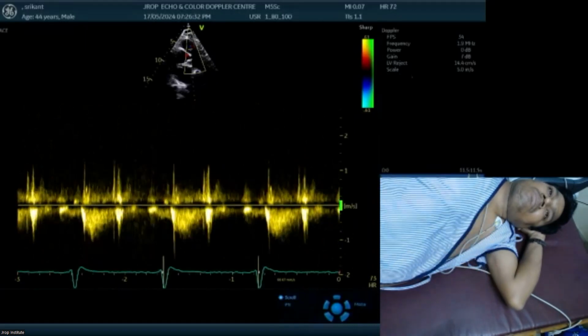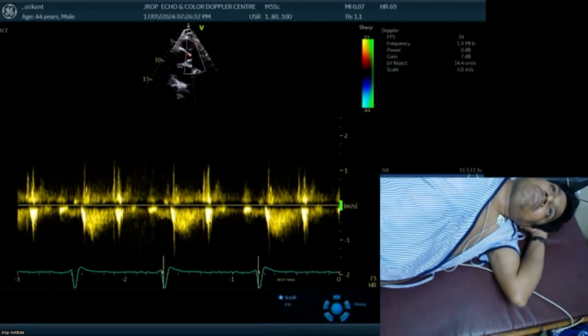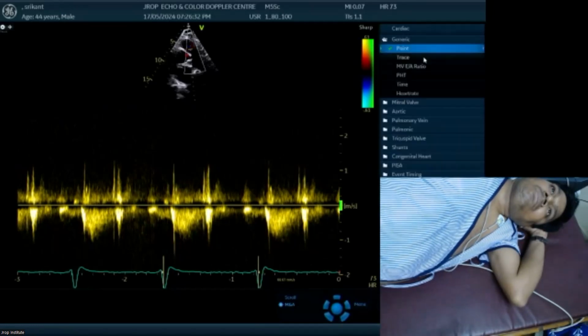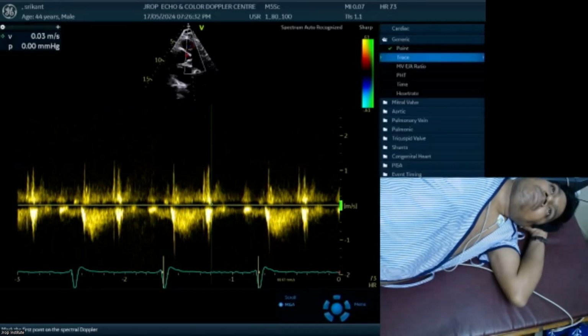Okay. I'm going to project that this subject has got a PR. Where do you see a PR and what will be the Doppler spectrum pattern? I'll create the Doppler spectrum pattern by measuring it. So I'm going to trace the so-called PR jet.